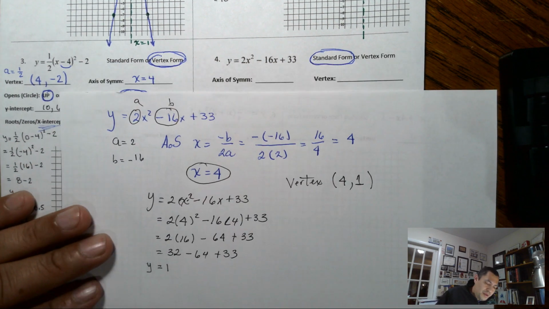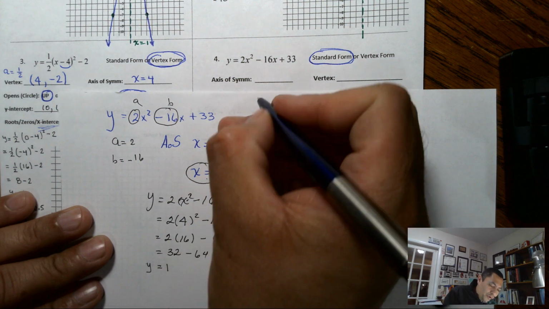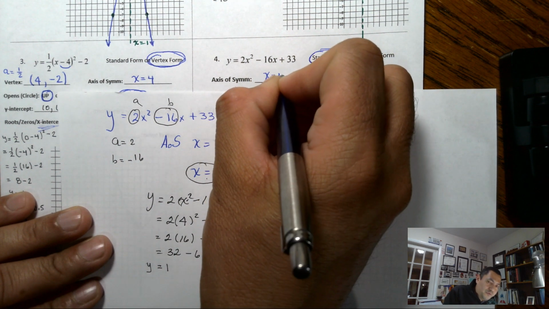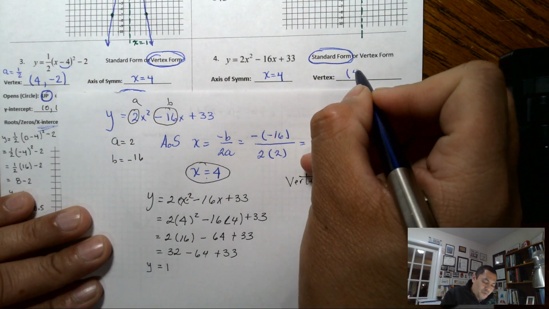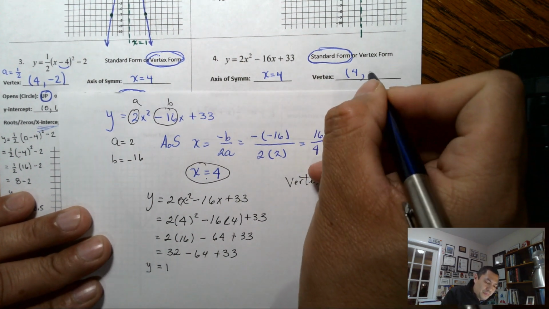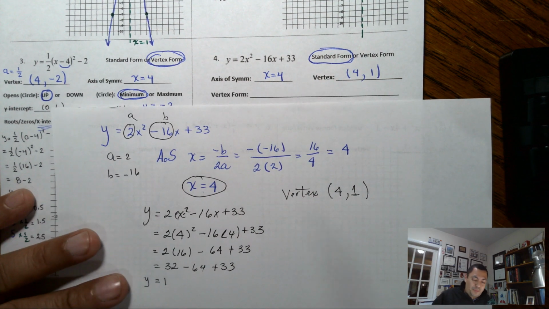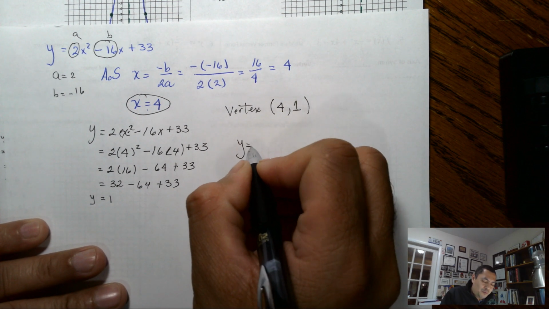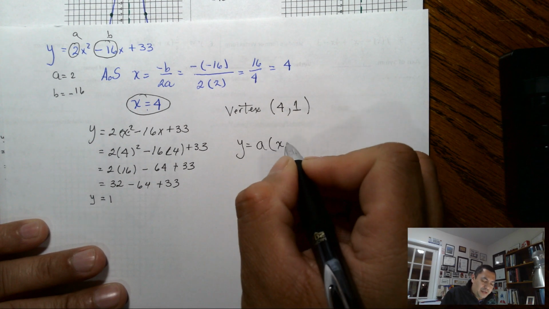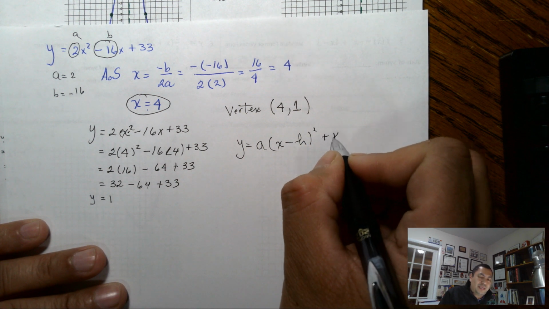So what is the axis of symmetry? We have x equals 4. What is my vertex? It is (4, 1). What is the vertex form? Remember, let's do it here on this piece of paper. I have y equals a(x minus h) squared plus k.